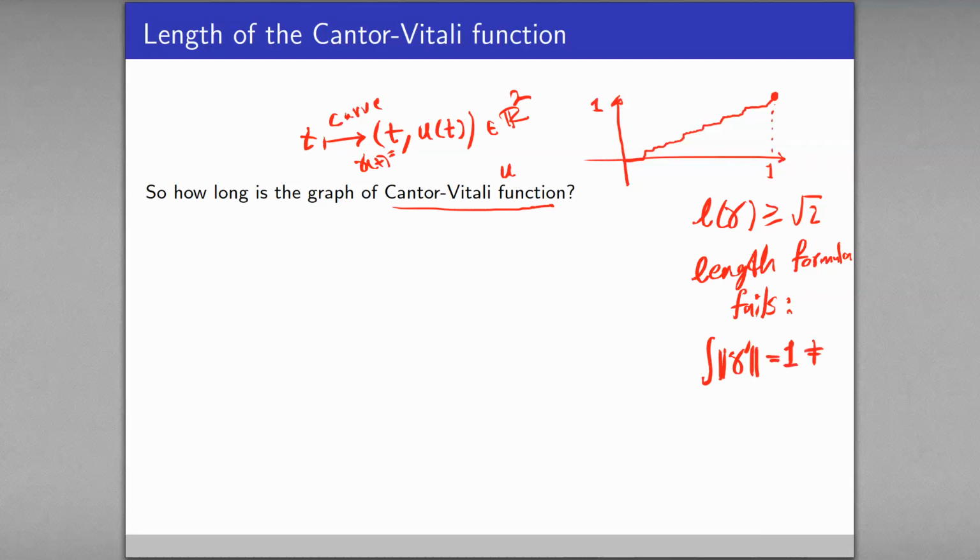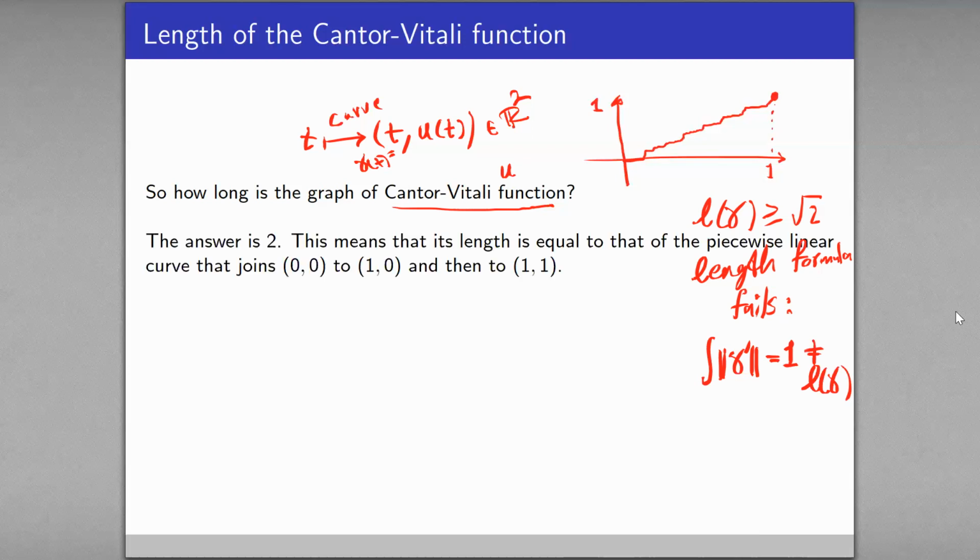So it is definitely not equal to the length of gamma. But what is the length of gamma? The answer is 2, and this is based on some stuff about BV functions from Leoni's book that was in my references. And that is interesting because 2 is equal to this plus that.